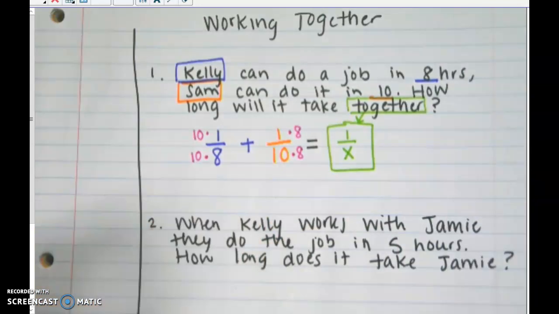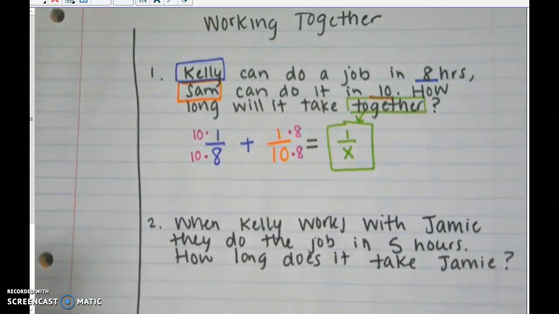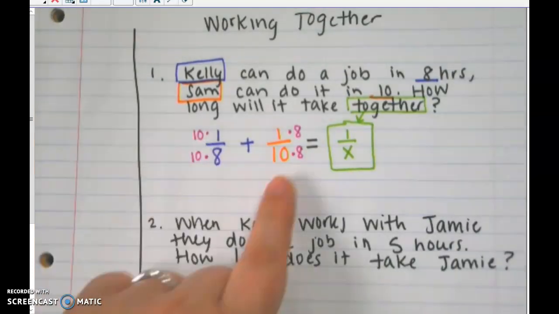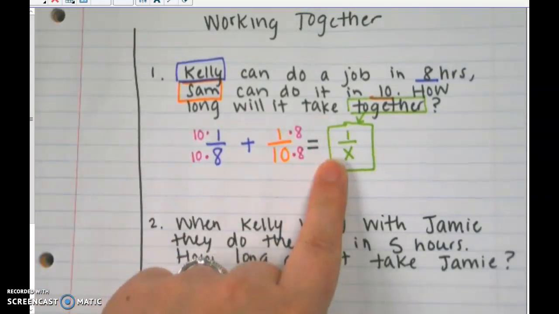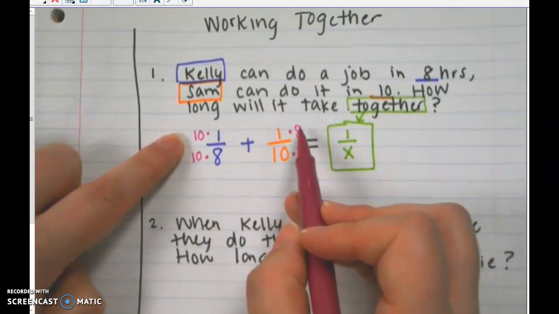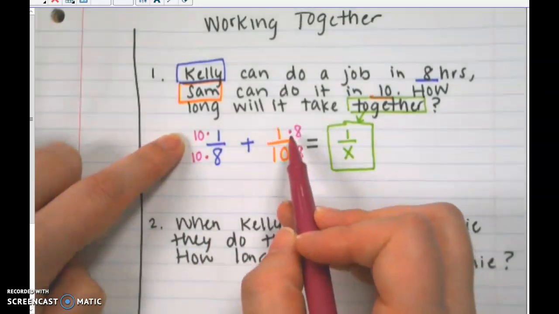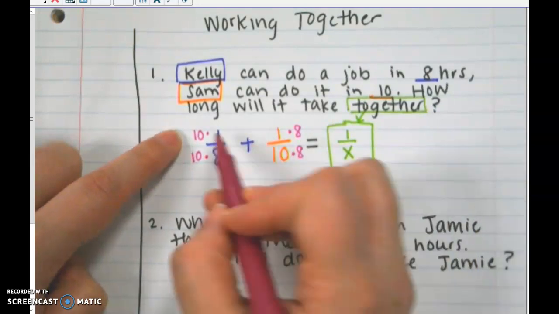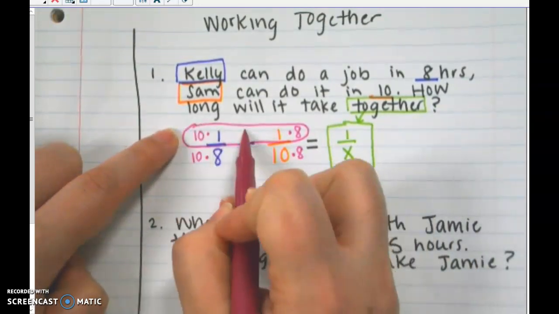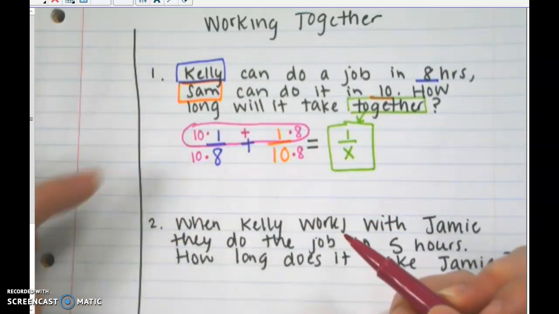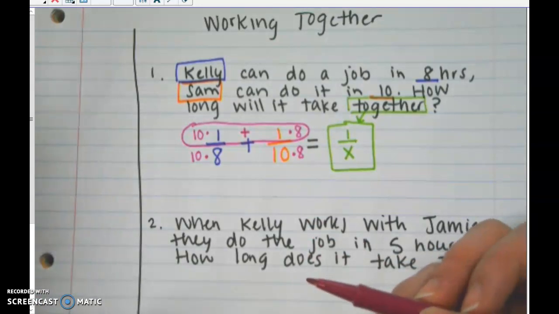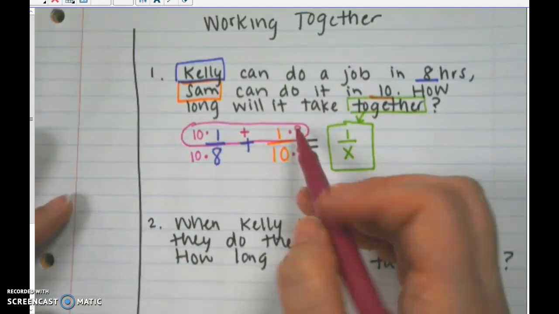So basically, I'm going to make a common denominator of 80 by multiplying my first fraction by 10 and my second fraction by 8. So 10 times 1 is 10, 8 times 1 is 8, and the only part that you actually are going to combine is the numerators. When you're adding fractions together, after you have a common denominator, you only add the numerator. So 10 plus 8 is 18.